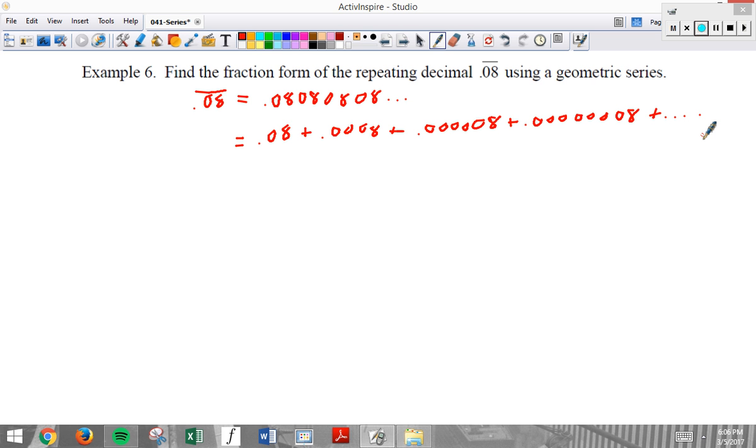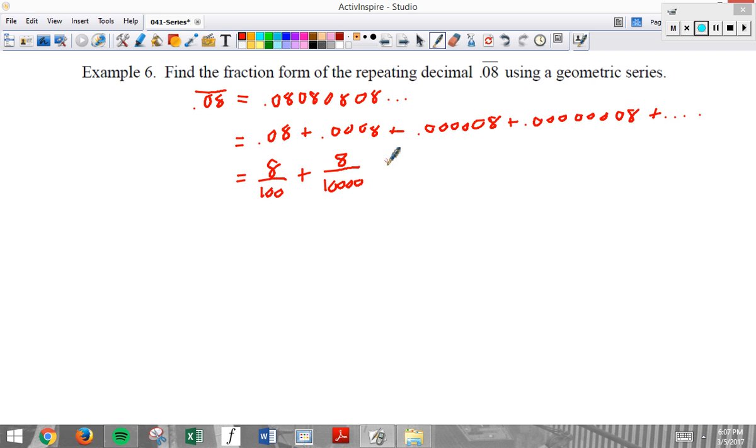So let's think about this in terms of fractions. Because fractions in geometric series go together like chocolate and peanut butter. 8 over 100, 8 hundredths. Does anyone know what this is? This is 8 10,000ths. You should have a trick for this. It's how many times you had to move it over, plus 1, and that's the number of zeros.